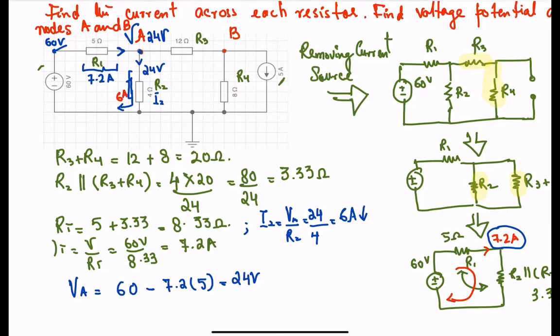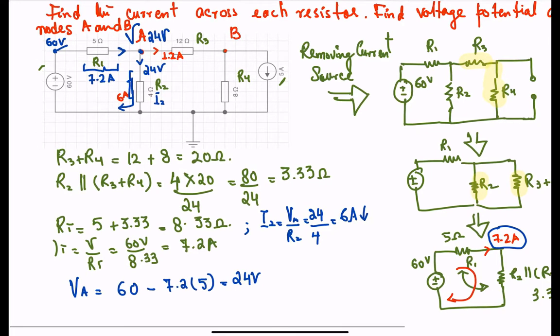Which means 7.2 minus 6, so 1.2 amps goes through this resistor, correct?